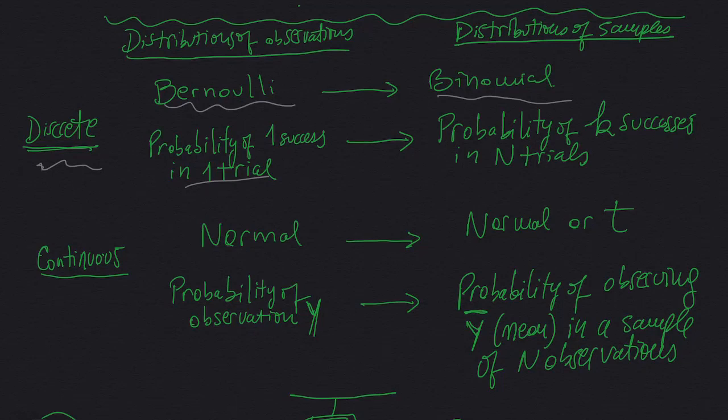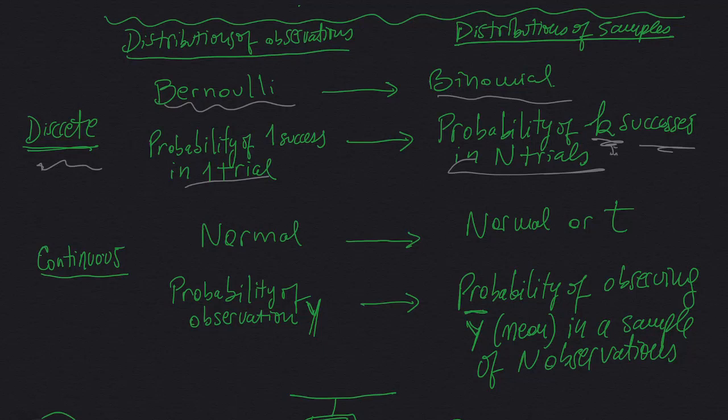And the binomial distribution will tell us not what's the probability of a success in each of the repetitions of the trial, but what's the probability of having k number of successes in n trials. So for example, if the number of trials is 4, the binomial distribution will tell us what's the probability of observing, if k equals 0, 0 successes.